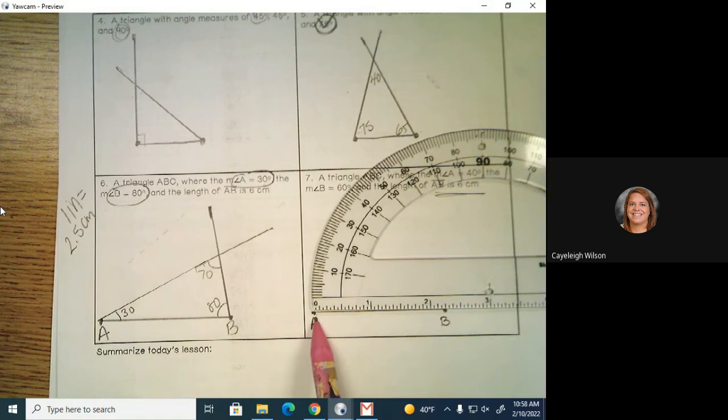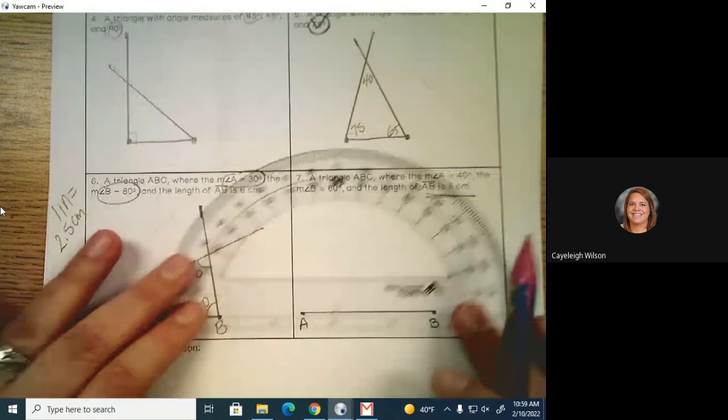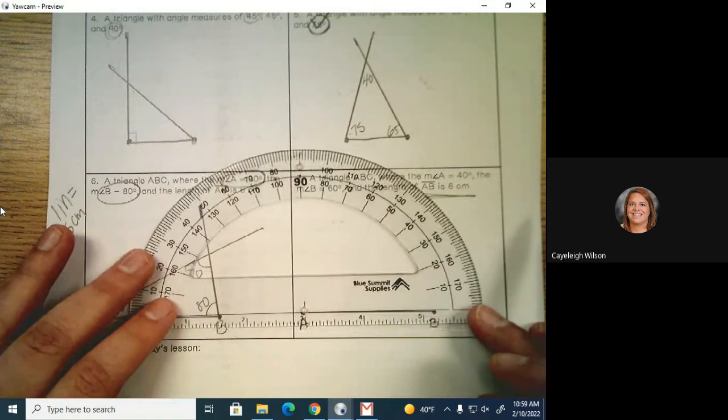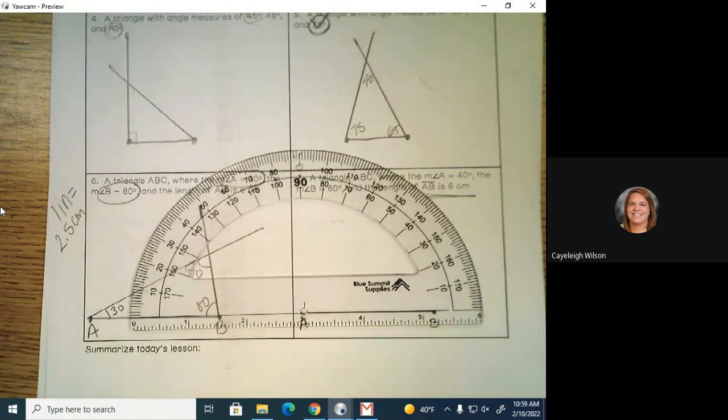So A is 40. So you'll put 40 on the A and 60 on the B. Yeah, because that's what it tells me, that the measure of angle A is 40. The 40 on the bottom? Or the 40 on top? If we're going from this side over here, then we use the bottom. Okay. And 60 on the other one? Yep.